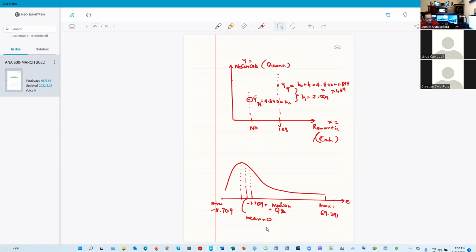But in this class, or in any statistics, data analytics or data science research, you're going to think of this as well shaped, not right skew, not any skew.